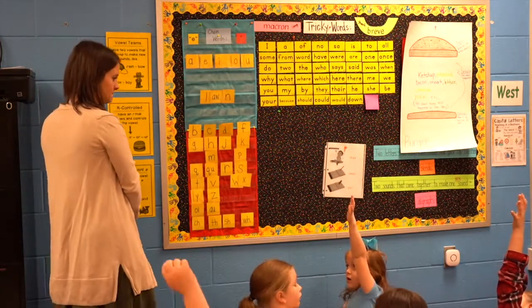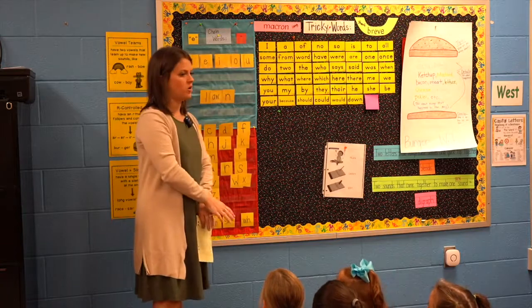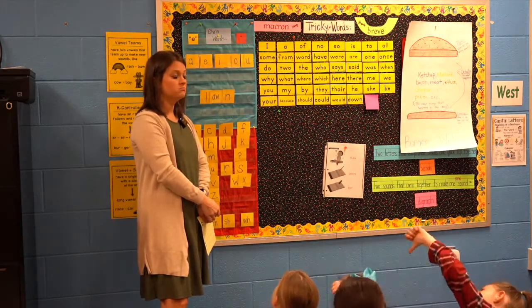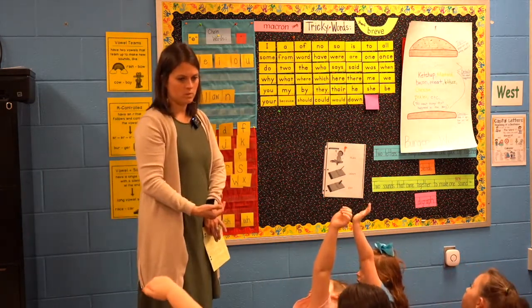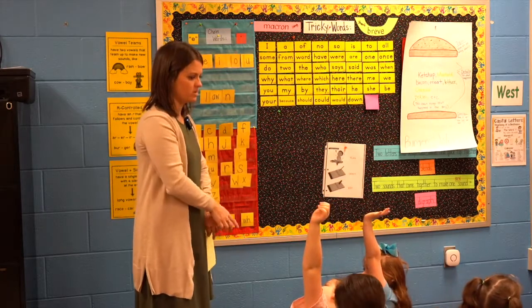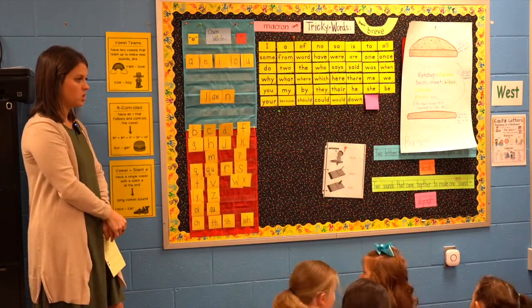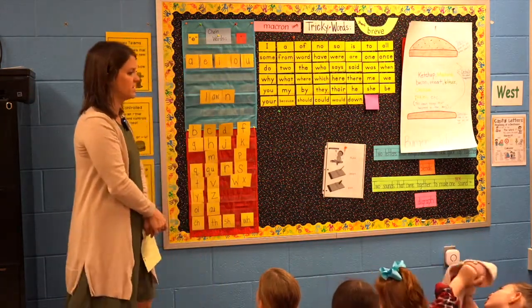Go ahead, Sam. Loun. What is it? Loun, he says. Agree or disagree? Disagree. That's a good try. Can someone help him? I want you to think about the middle sound. What do you think the middle sound is? Cameron? Lawn. You are correct. Tell me what the middle sound says.